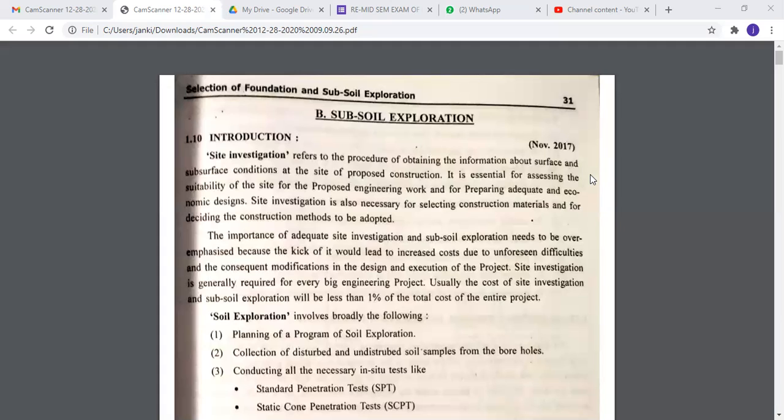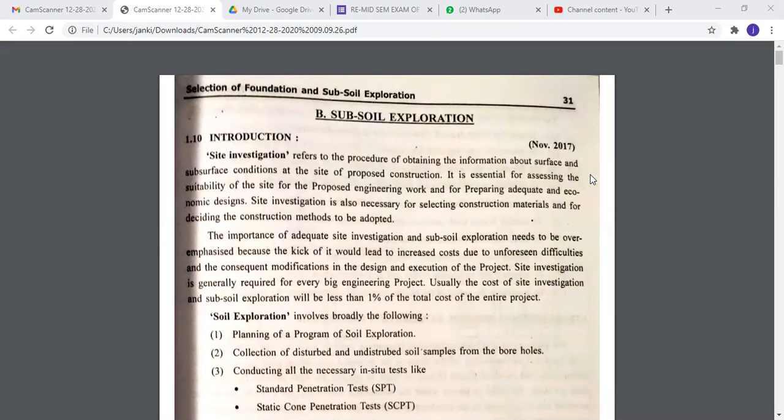So there must not be a single mistake while we are constructing such huge buildings and big project works.